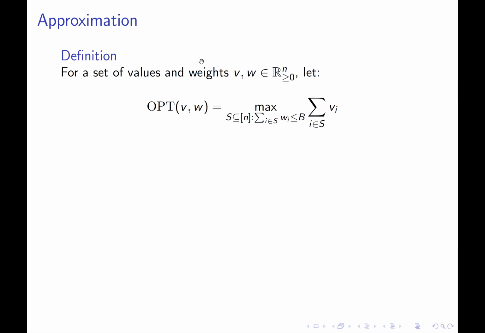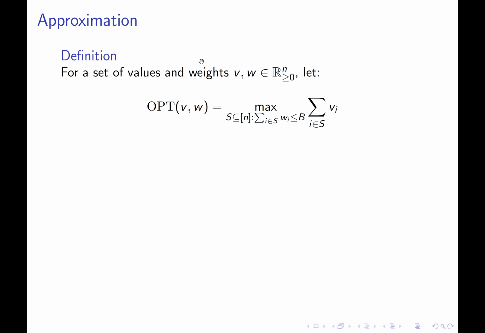First of all, what is the benchmark that we are trying to compete with? An instance of the knapsack auction problem is defined by two things. For each bidder, I have to tell you their valuation, v_i, and their size, their weight, w_i. So an instance is defined by two vectors, v and w, which specify the valuations and the sizes of each of the bidders respectively.